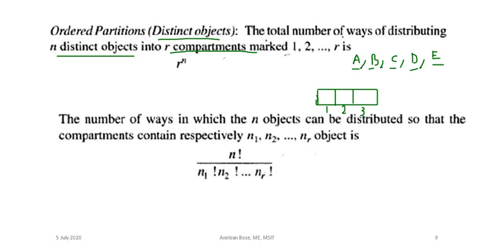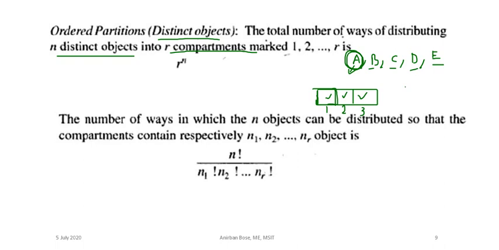So what are the different ways we can put in the first compartment? Tell me, in the first compartment if we put 1, how many options are there? 1, 2, 3, 4, 5. So in this way, the first one, A, can be placed either here or here or here.